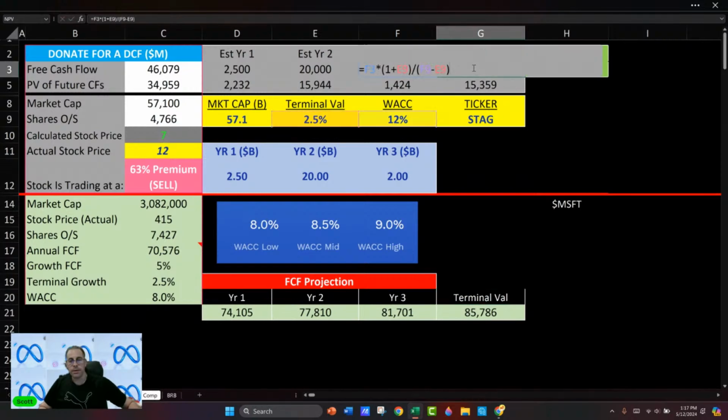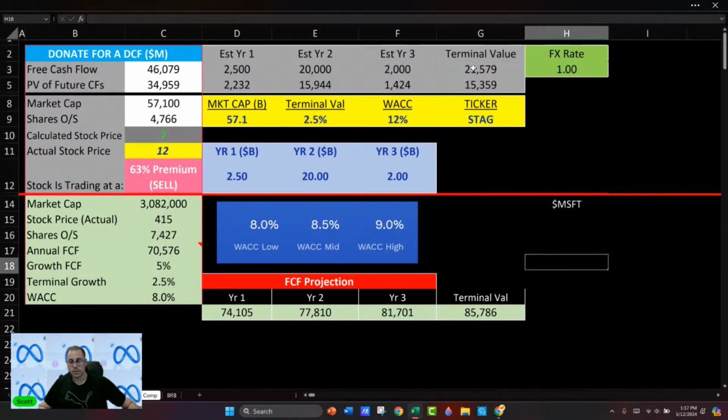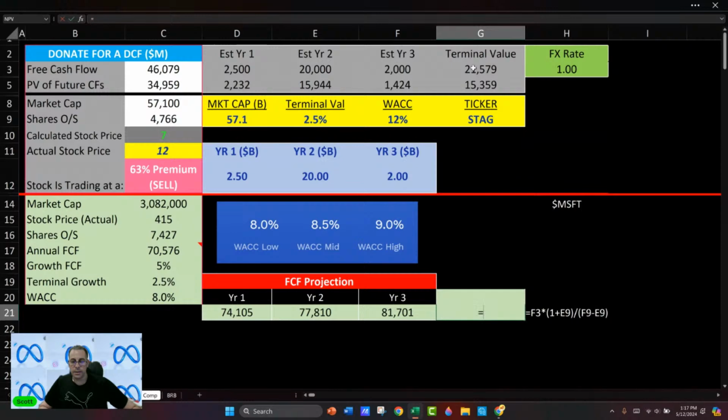So the terminal formula: the first thing is you take your most recent cash flow, which would be, in my case, year 3, 81 billion. Then you multiply it by 1 plus your growth rate.